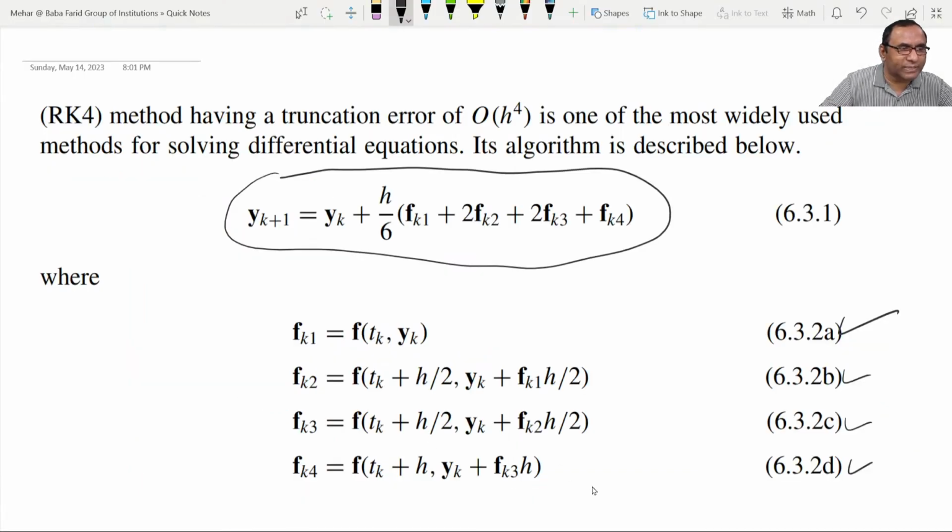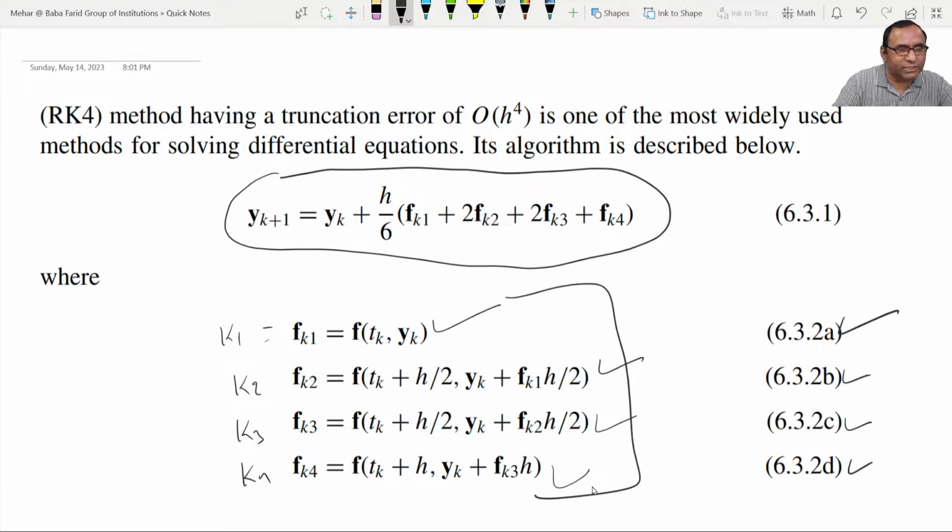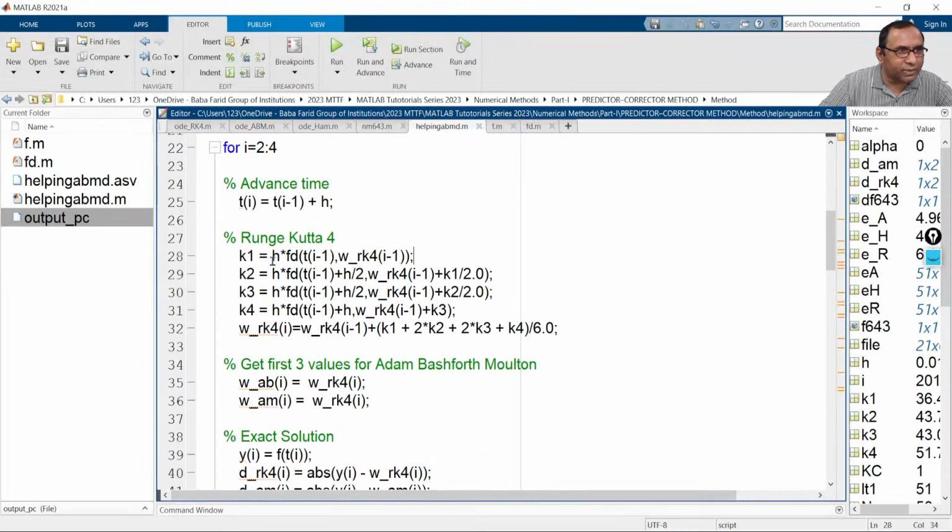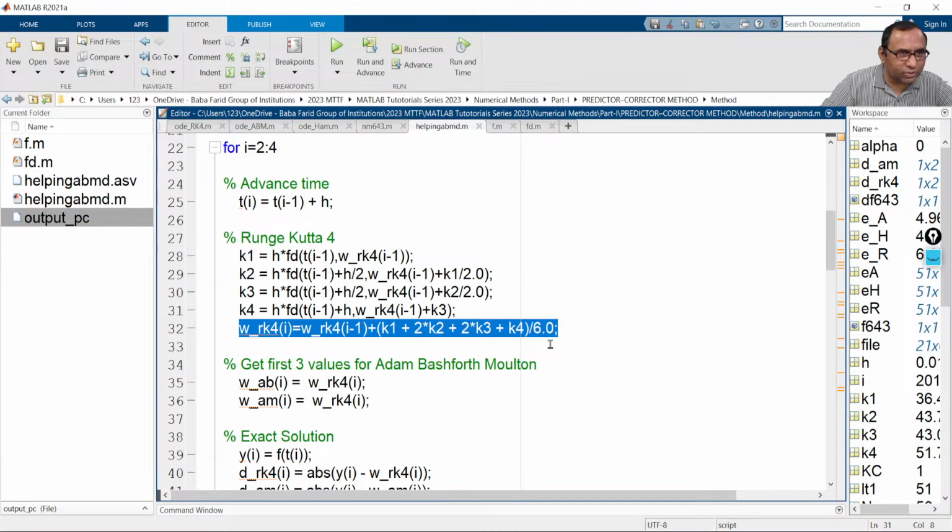You can see this is K1, this is K2, this is K3, this is K4. At this place we have FK1. We can denote it by this is K1, this is K2, this is K3, this is K4. So from these three equations, we can have this one. This is K1, K2, K3, K4, and the final formula.